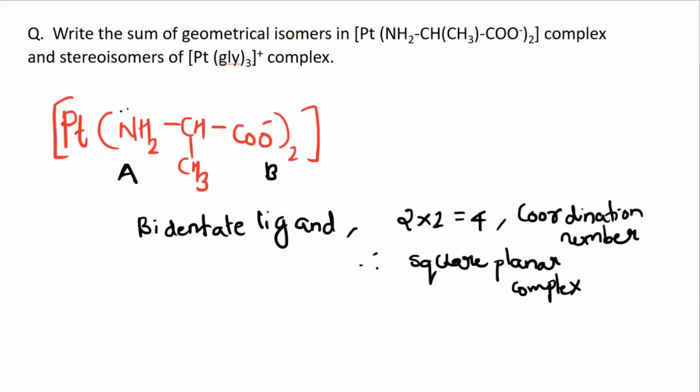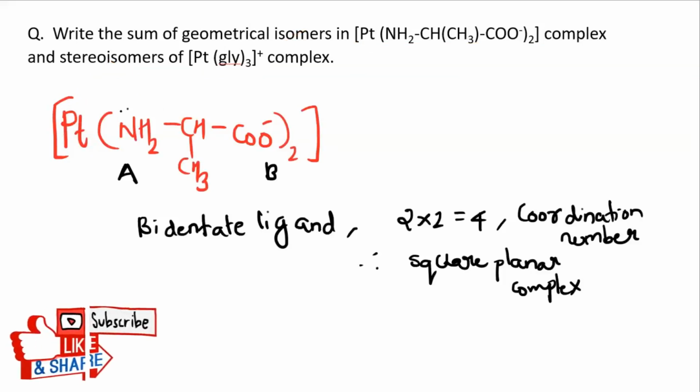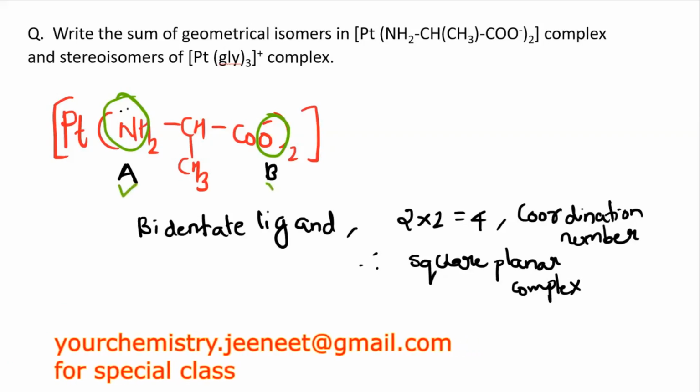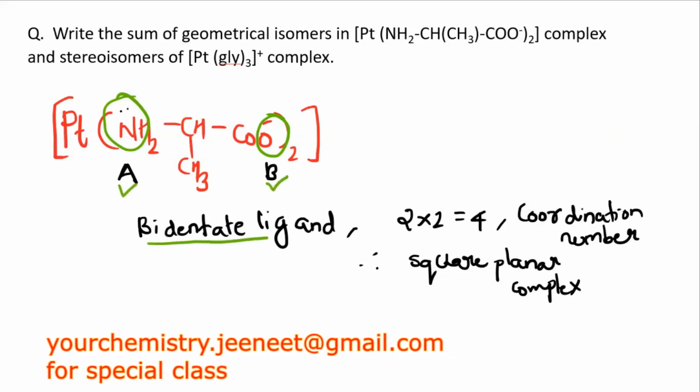So this is the first complex. The structure of the first complex looks like this, and if you look, there are two donor sites: one is nitrogen and one is oxygen. We are denoting them as A and B, so this is a bidentate ligand.